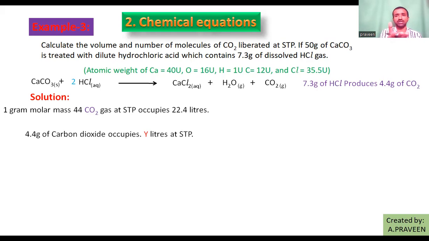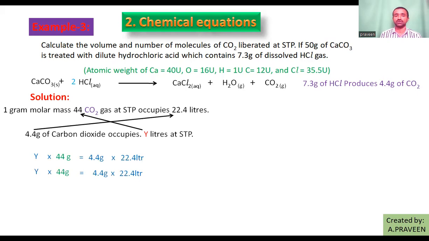I don't know, so that is taken as y, the unknown quantity. So here, according to the law of constant proportion, cross products are equal. So y into 44 is equal to 4.4 into 22.4 liters. Then transposing. So on transposing, 44 becomes the denominator here.